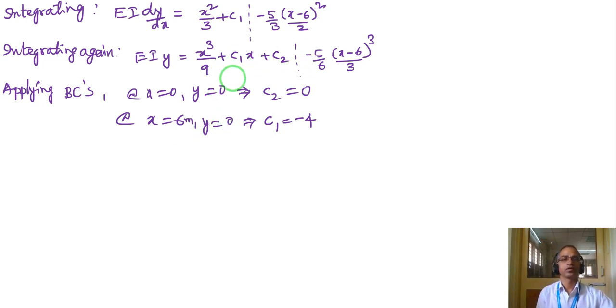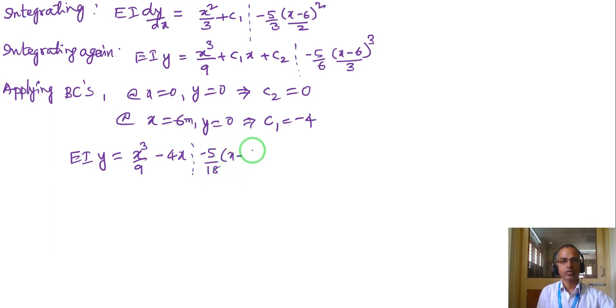The same point, right? c1 equal to minus 4. So now writing this c1, c2 into the differential equation, what I get here is EIy equal to x cube by 9 minus 4x minus 5 by 18 (x minus 6) whole cube. This is the displacement equation.